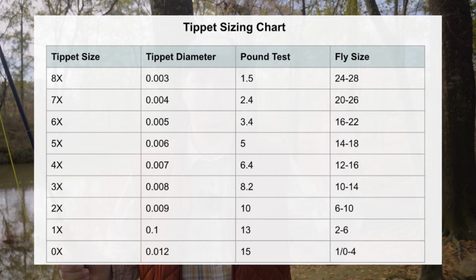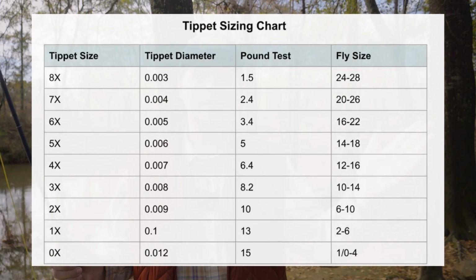Very light stuff, which the fly rod absorbs most of, so you're actually able to play fish on lighter lines such as 8x. But rule of thumb, tippet gets smaller as the tippet number gets bigger.